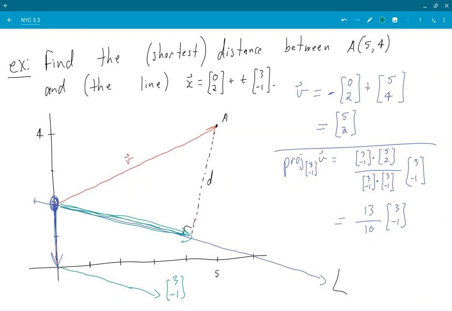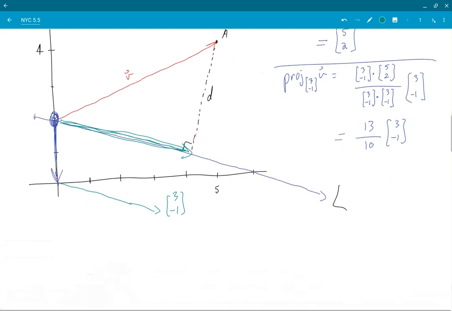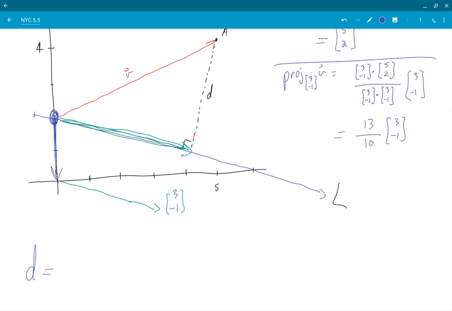That's not what I want. I want D, which is the length of the perpendicular.